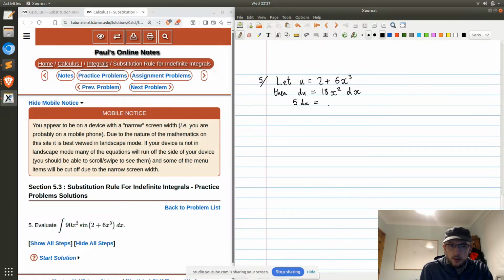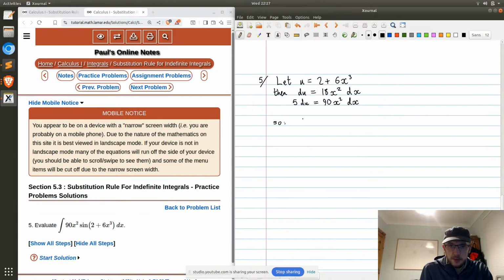Five du equals 90x squared dx. So that at the front and that at the back I can replace with 5 du, and that in the middle I can replace with sine of u.